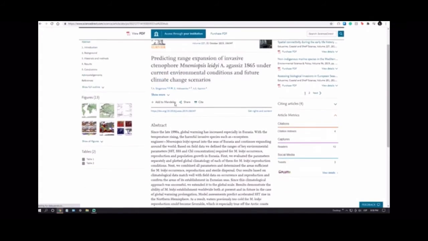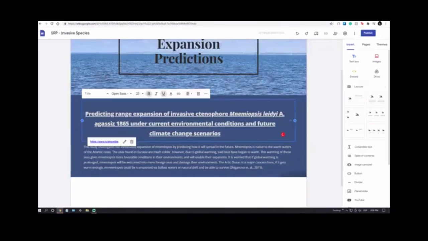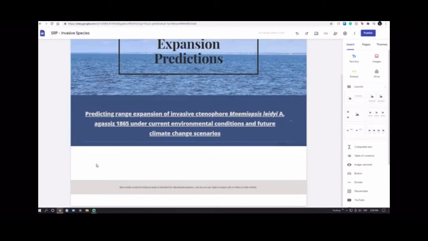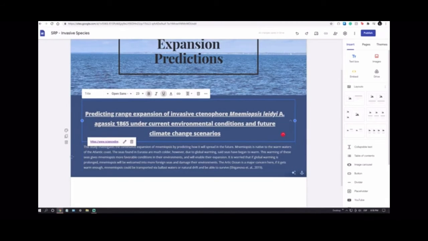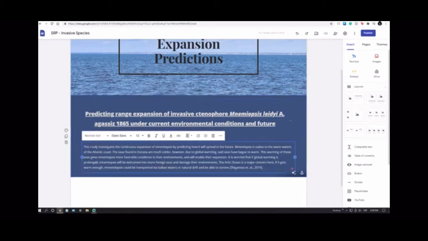So here we have the study which was linked once you click on the title. So as global warming continues, if we keep prolonging it, it will warm waters such as the Arctic, and since Mnemiopsis is native to warm waters, they would be enabled to just move to Arctic waters, furthering their expansion.